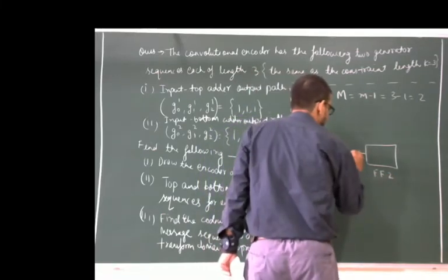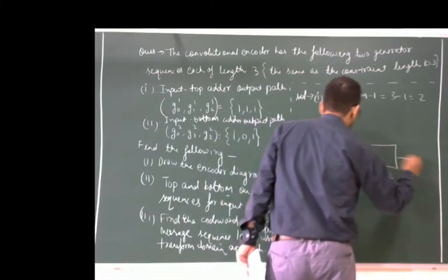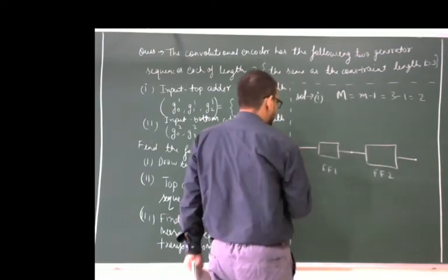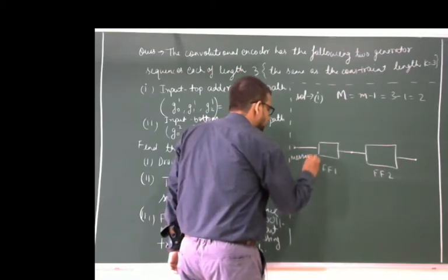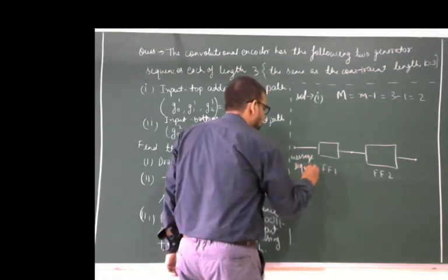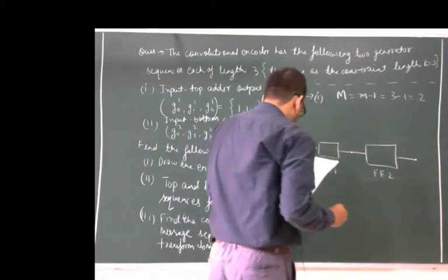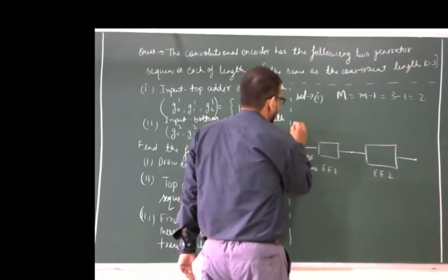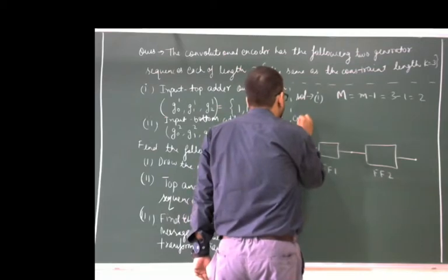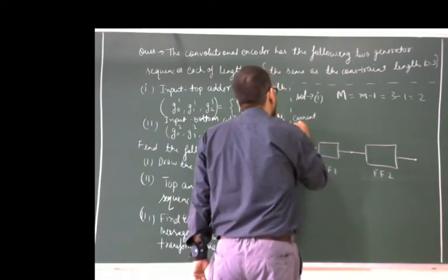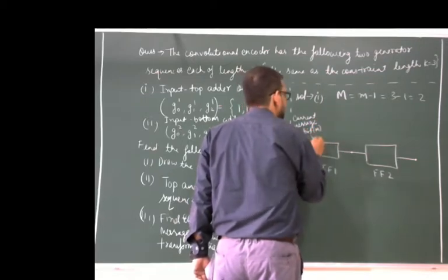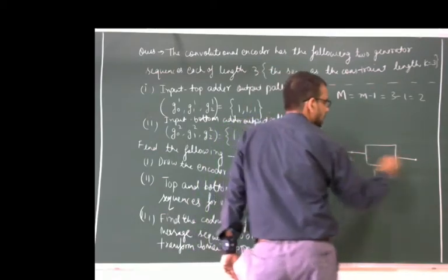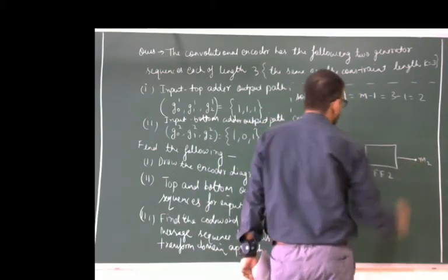This indicates the message sequence, and here is the current message bit M. Here is M1 and here is M2.